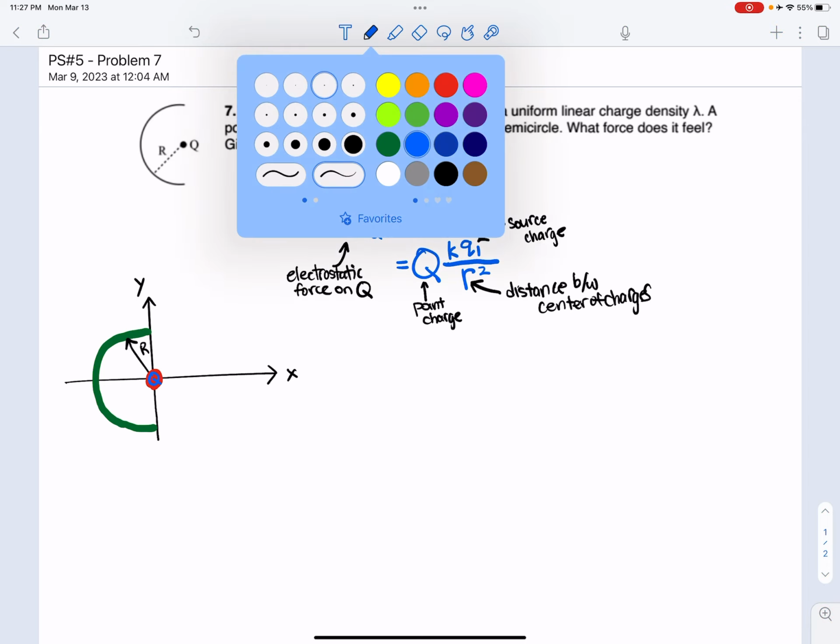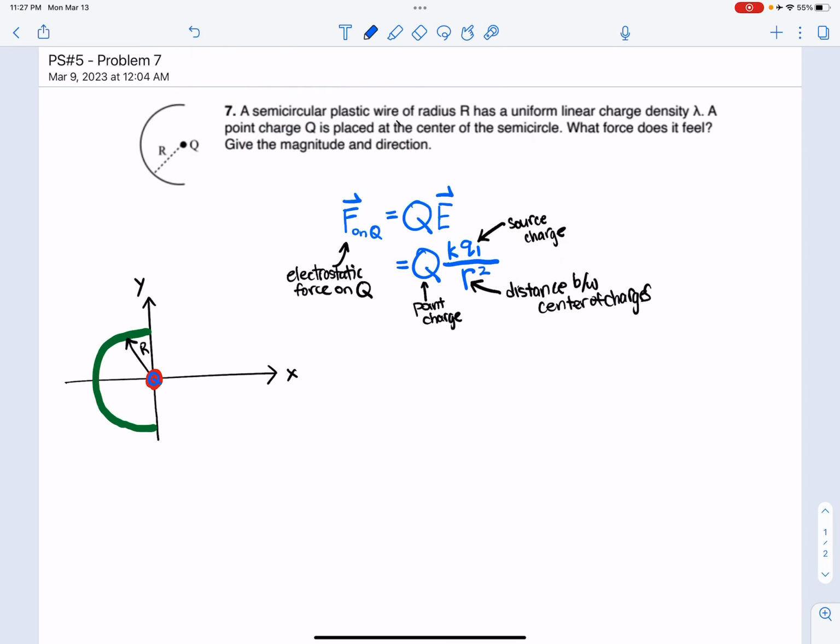I could actually rewrite this even further if I wanted to, since K is equal to 1 over 4 pi epsilon naught. So the force would be equal to Q divided by 4 pi epsilon naught, times Q1, the source charge, over R squared.